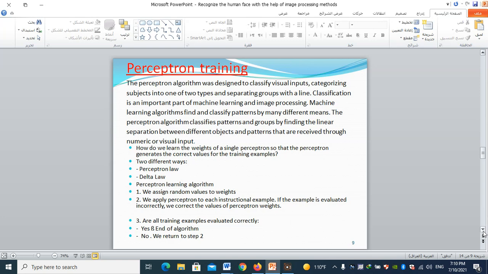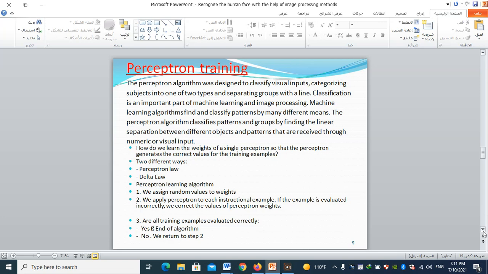The perceptron algorithm classifies patterns and groups by defining the linear separation between different objects and patterns that are received through numerical or visual input.